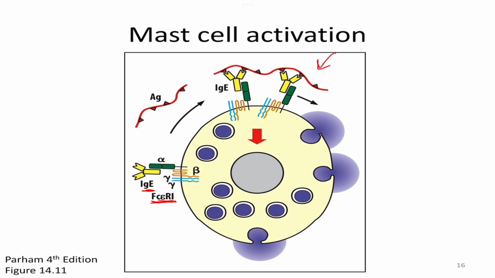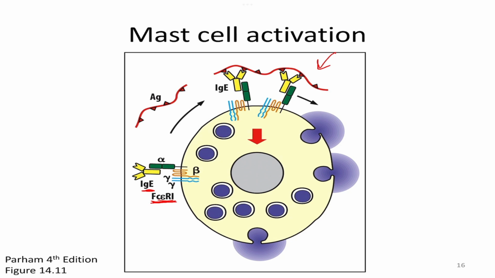This is called cross-linking, and that can lead to a signal in the mast cell, leading the mast cell to degranulate. Basically, again, it's just secreting its vesicles full of stuff. This includes things like histamine and other types of inflammatory mediators that hopefully will be able to kill this extracellular antigen.